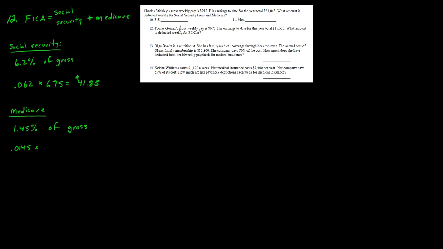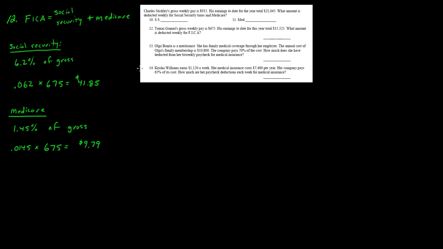Again, we're looking at the weekly amount deducted, so we're looking at the weekly pay. So it would be times 675. So 0.0145 times 675 is going to give us $9.79.